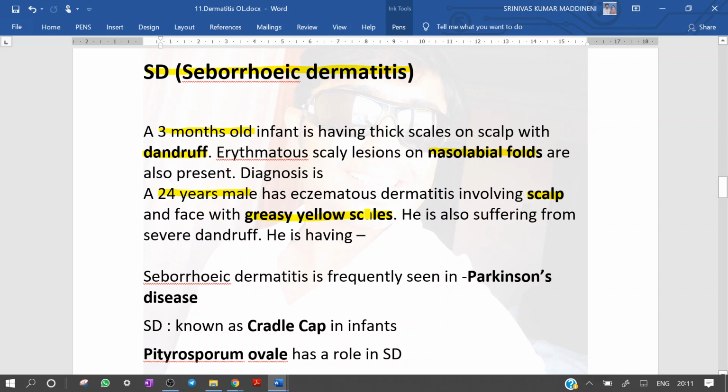This is characteristic feature of seborrheic dermatitis. Seborrheic dermatitis is frequently seen in Parkinson's disease. If infants develop seborrheic dermatitis, it is called cradle cap. Pityrosporum ovale has a role in seborrheic dermatitis.